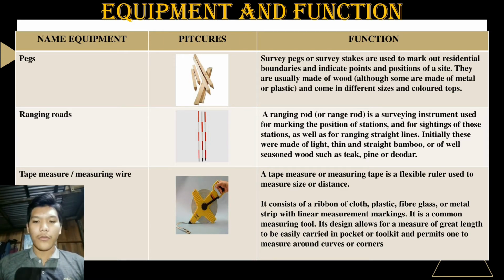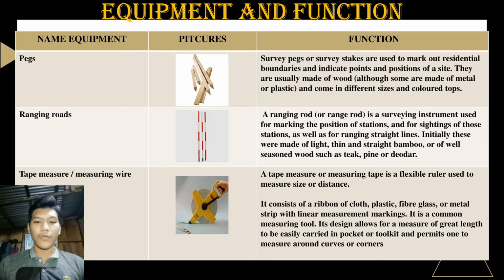A ranging rod is a surveying instrument used for marking the position of stations and for sighting those stations, as well as for running straight lines. Initially, these were made of light, thin and straight bamboo or of well-seasoned wood such as teak, pine or deodar. Number 3 is the tape measure or measuring wire.